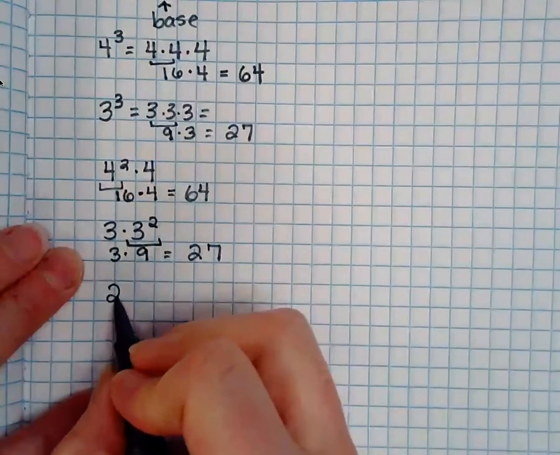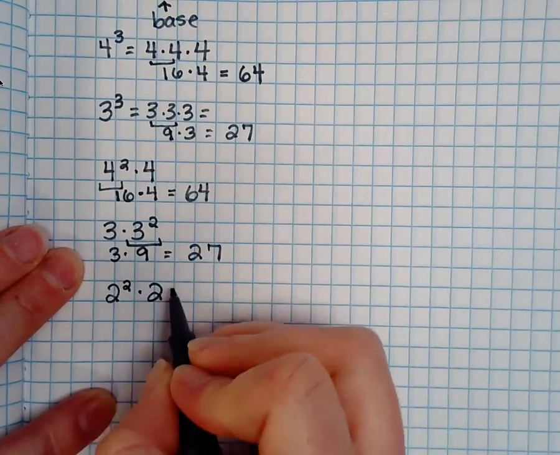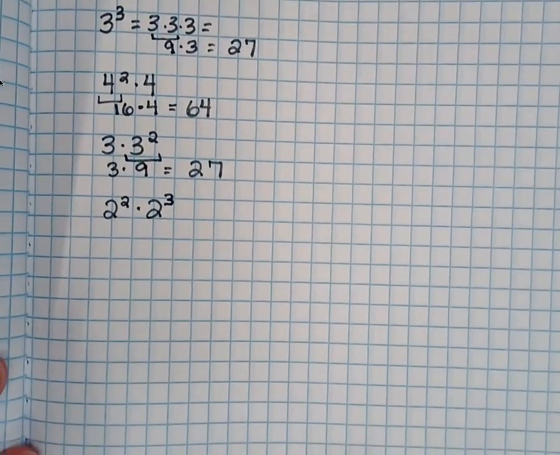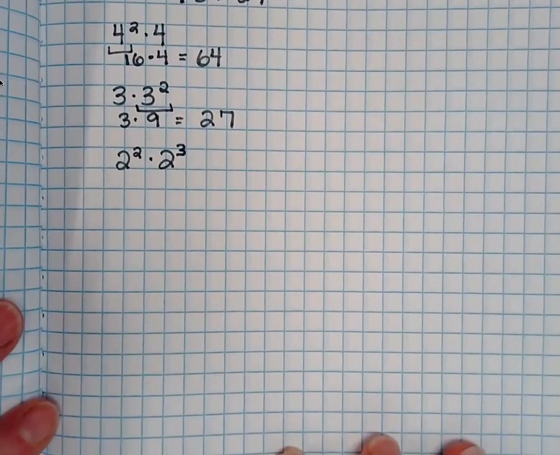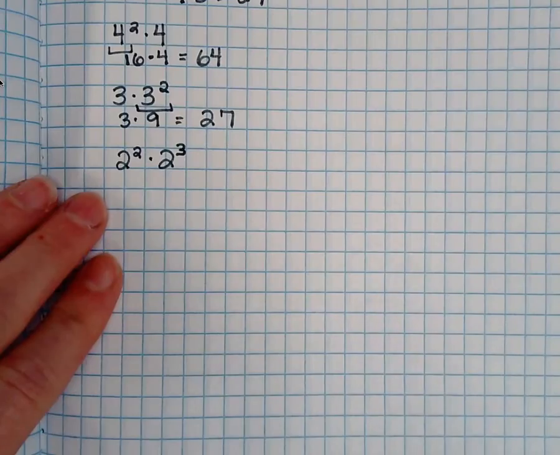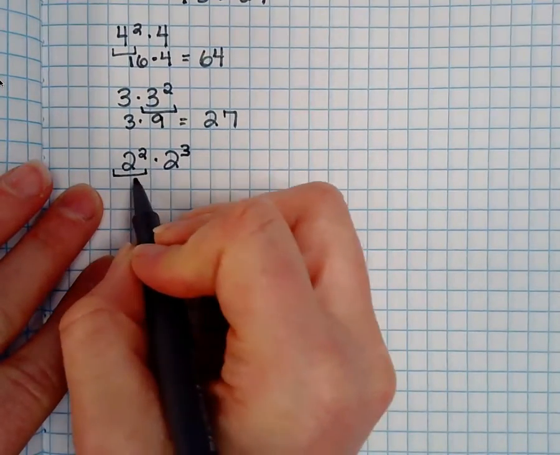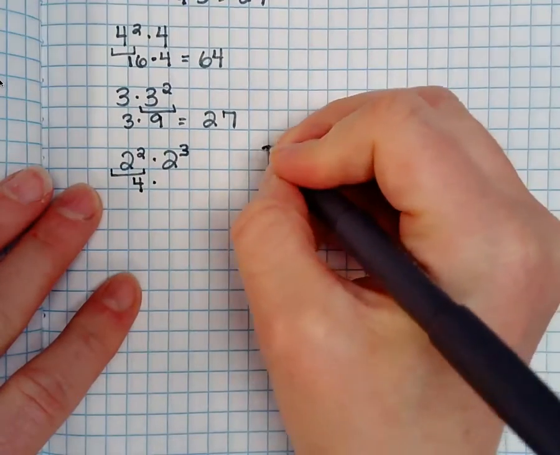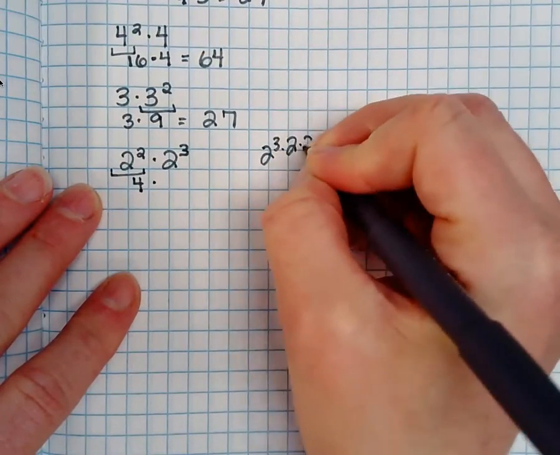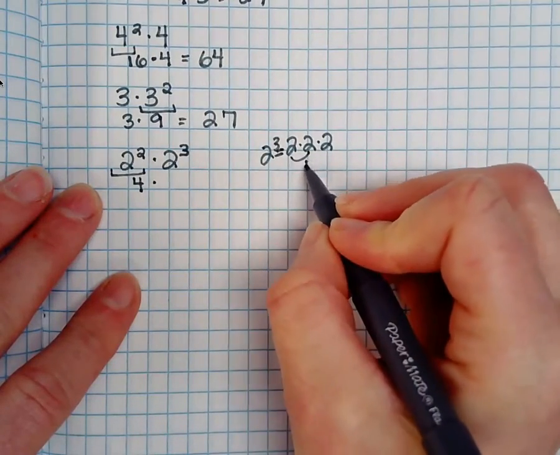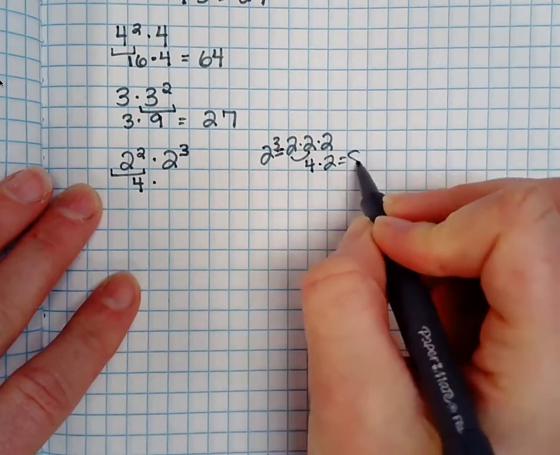Okay, let's do 2 squared times 2 to the third. What's 2 squared? 4. Do y'all know what 2 to the third is? Yeah, because it's 2 times 2 times 2. 2 times 2 is 4. 4 times 2 is 8.